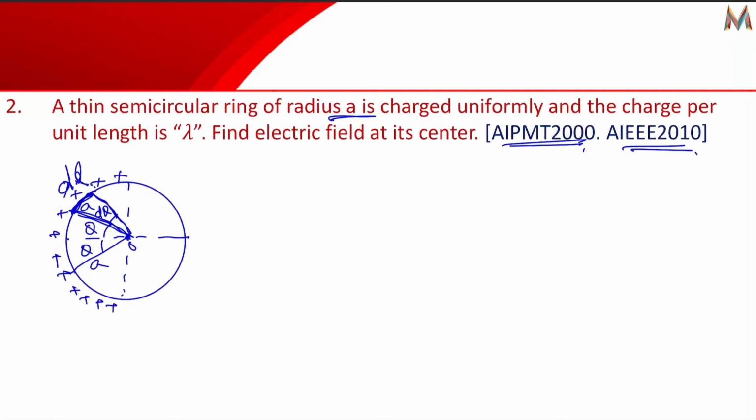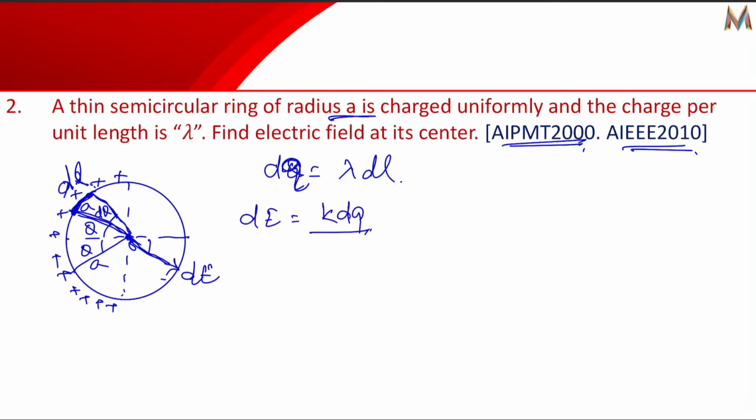So the total charge enclosed in this case, let it be dq, will be equal to lambda into dl. That will be the total charge enclosed at this portion. Due to this charge, let the electric field at this point be in this direction, and that electric field is dE, which we know is K dq upon A square.